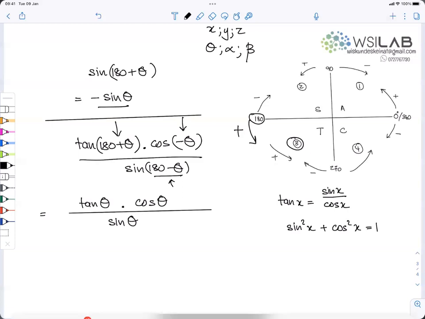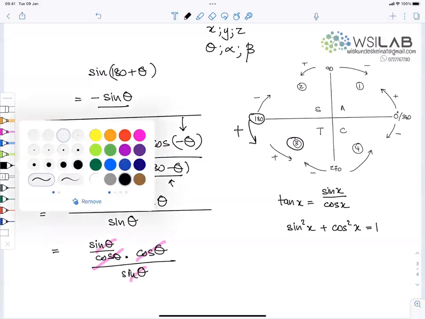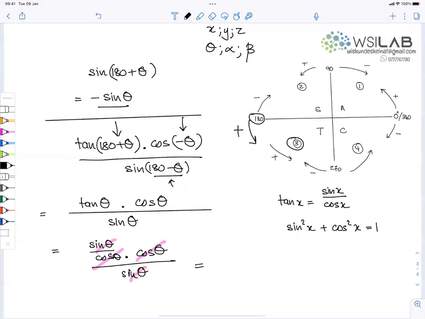But now tan can be converted into sin divided by cos, times cos, divided by sin. So those two cancel. You understand that? And sin divided by sin is also canceling. So our answer is just 1. Please write that down.